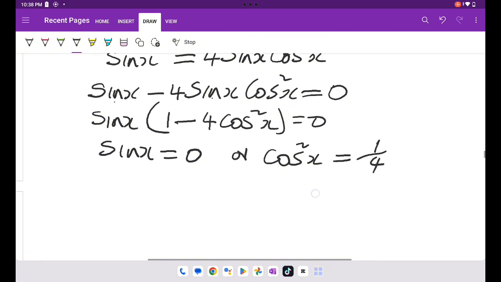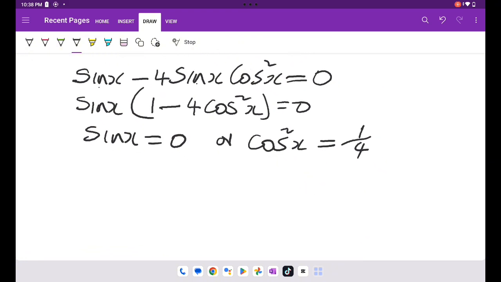Alright, so now the answers for this one, we look at it, it's positive, so sine is positive in quadrant number 1 and number 2. So in number 1, we'll write the angle as it is, so it means x will just be the angle 0 plus the revolution of sine is 360k, giving us just 360k.